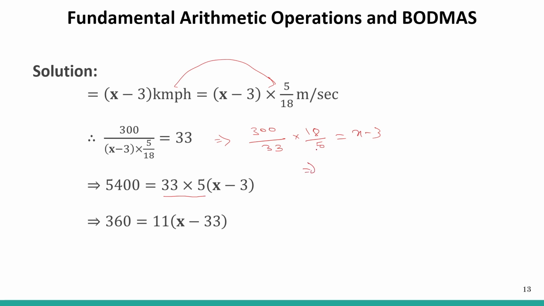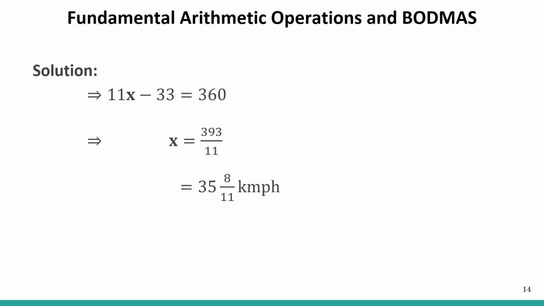So this will be 60 and then 11 and 20. So it will be 20 into 18 by 11. So this will be 360 is equal to 11 times (x minus 3). So 11x minus 33 is equal to 360.